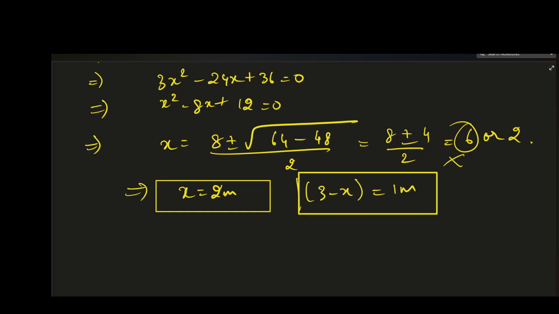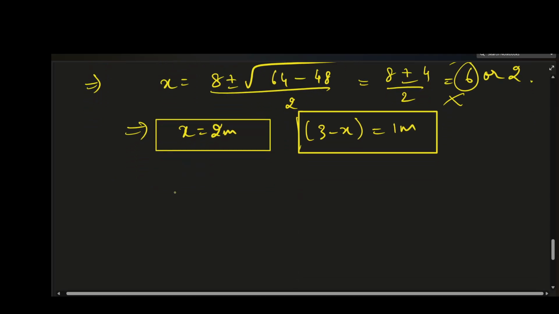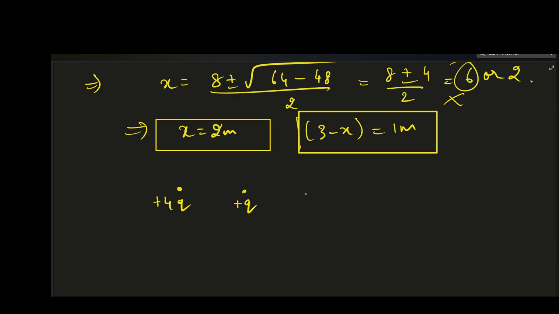So the arrangement is such that plus 4q, plus q, plus q. So the distance from this to this is 2 meters and the distance from this to this is 1 meter.